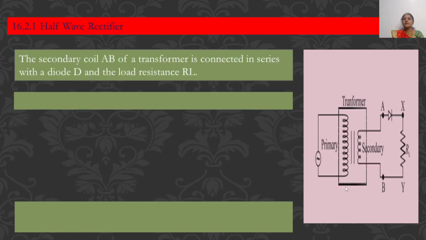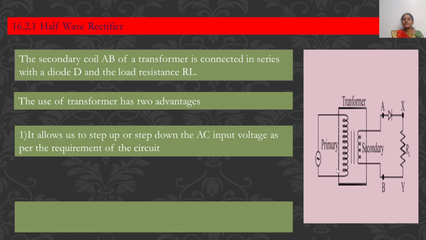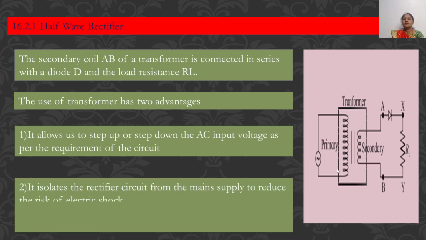The secondary coil A and B of the transformer is connected in series with a diode D and the load RL. The use of the transformer has two advantages. First, it allows us to step up or step down the AC input voltage as per the requirement of the circuit.